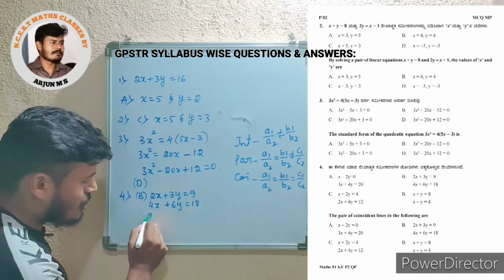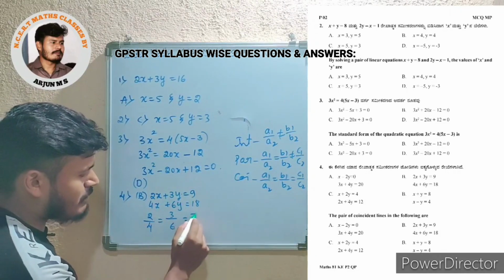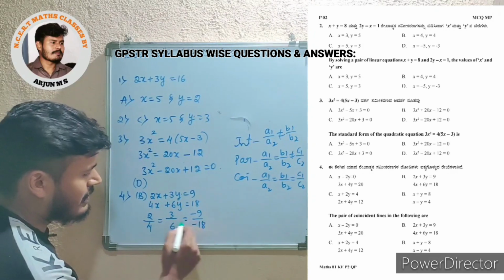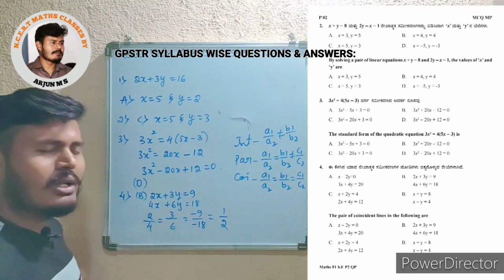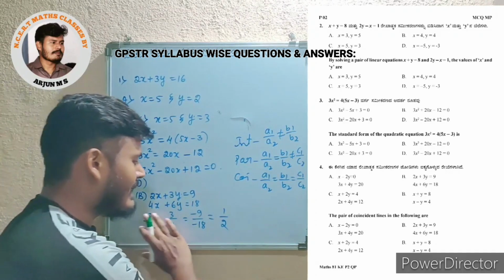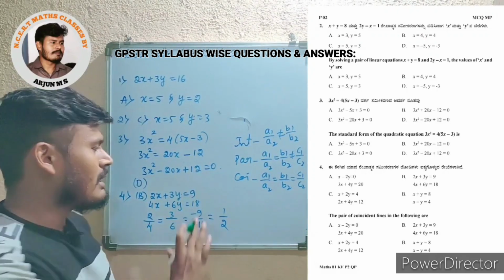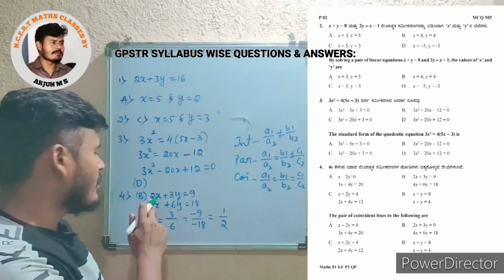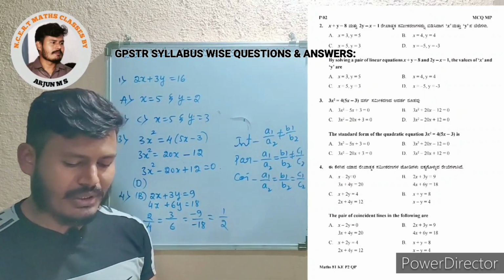You just observe here, 2 by 4, 3 by 6, transpose 9 to LHS, we get minus 9 divided by transpose 18 to LHS, we get minus 18. Here the simplified form of these three ratios are all equal to 1 by 2. Therefore each and every pair of ratios are equal to 1 by 2. That's why it satisfies the condition of coincident lines. So option B is correct answer for the fourth question, right?